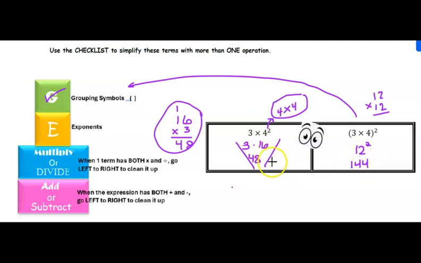Okay, so looking at this, when we use the same exact operations, but we group the 3 times 4 and put multiplication as a priority because it's in a grouping symbol above the exponent, it changes our answer. These are not equal. So it's real important that you follow those order of operations and use that checklist as a guide when you have more than one operation in a term to help yourself get those correct results.